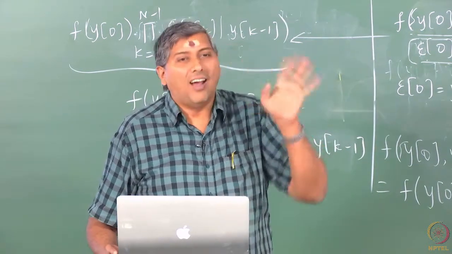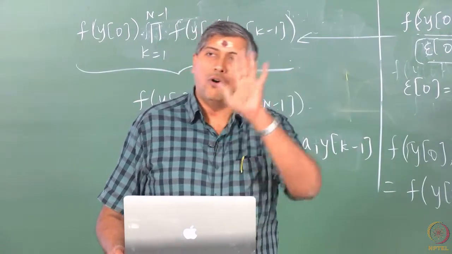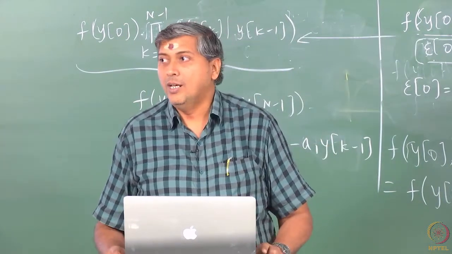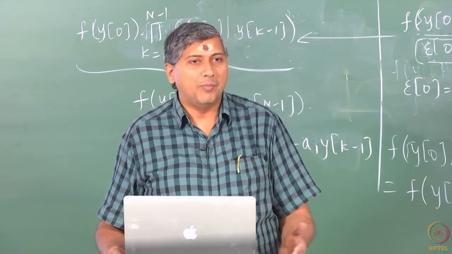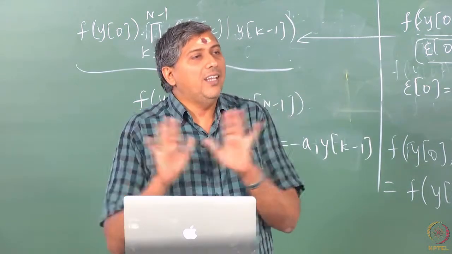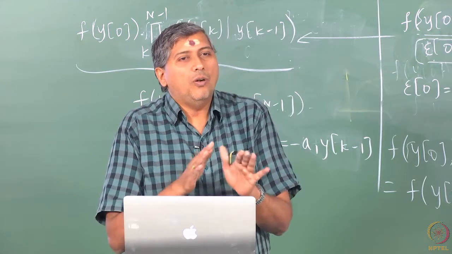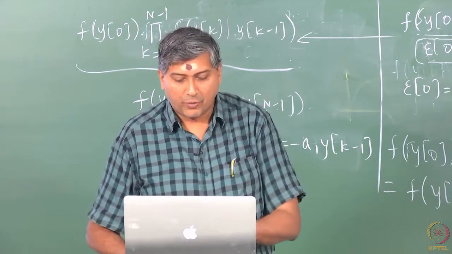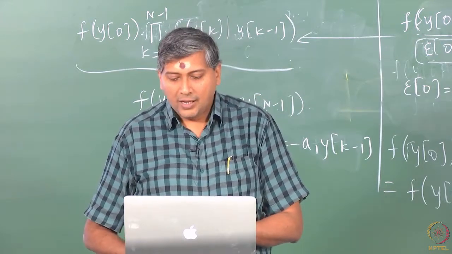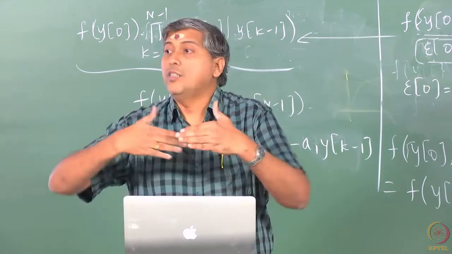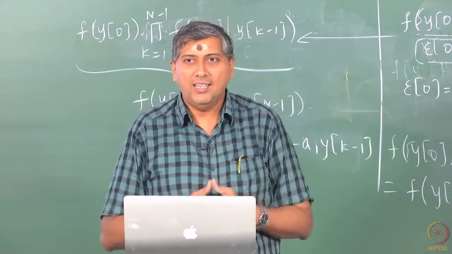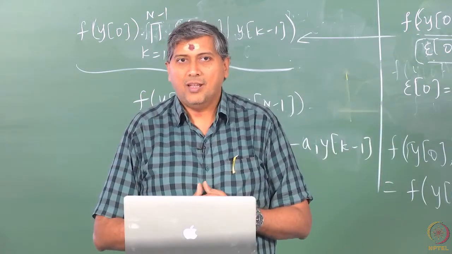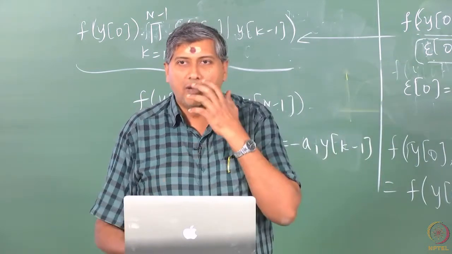But when n is large, after all the hue and cry that we are making about how great MLE is compared to least squares, you will not find so much of a difference between solving the conditional sum squares, which is nothing but your least squares, and unconditional sum squares, which is midway between least squares and the full MLE. When n is small, it can make a difference.